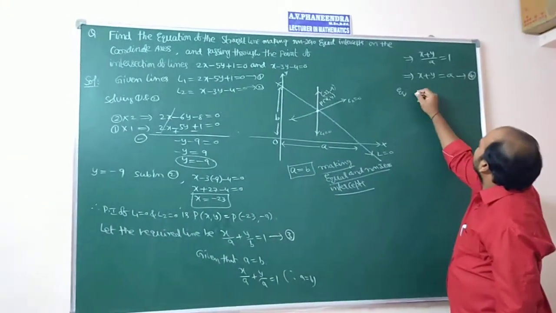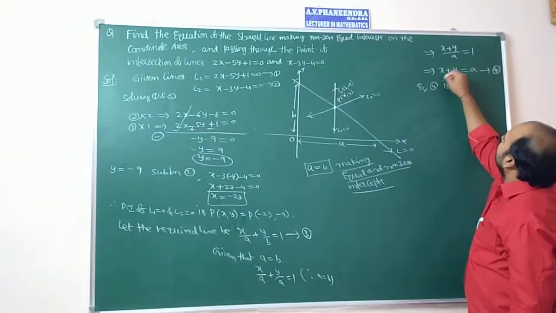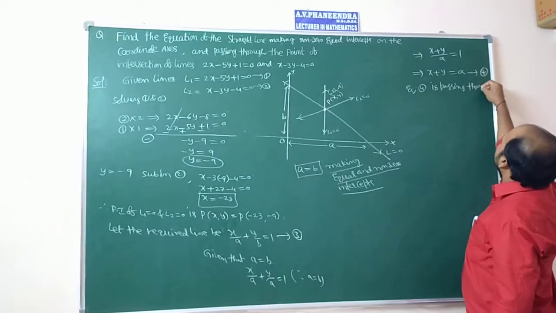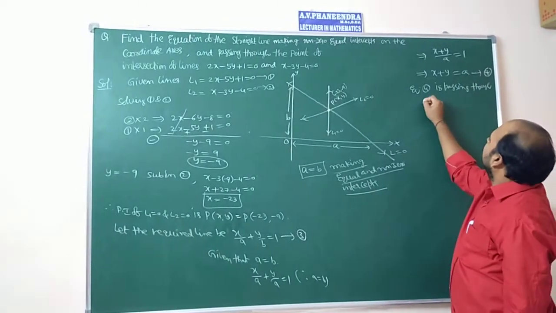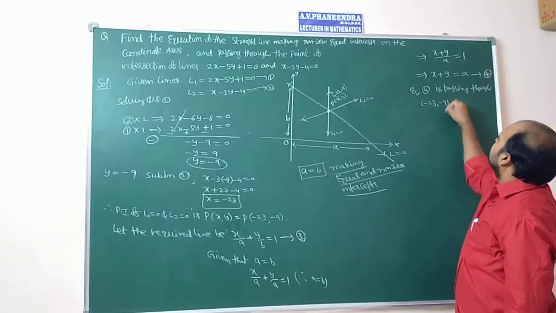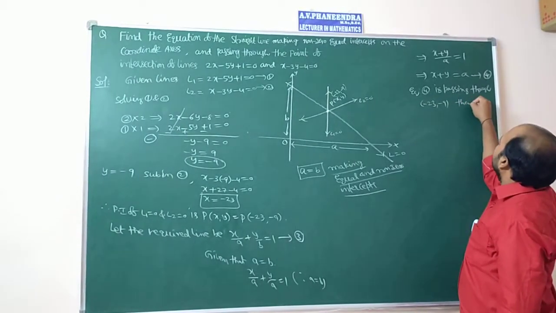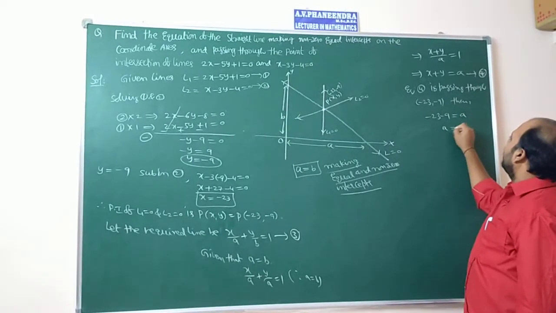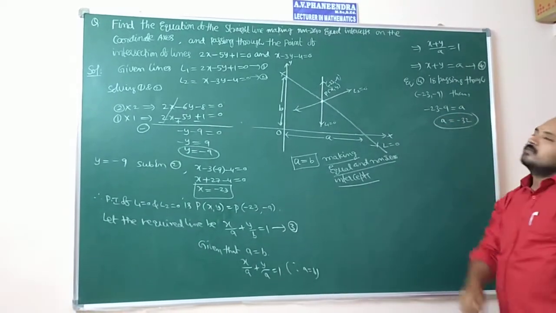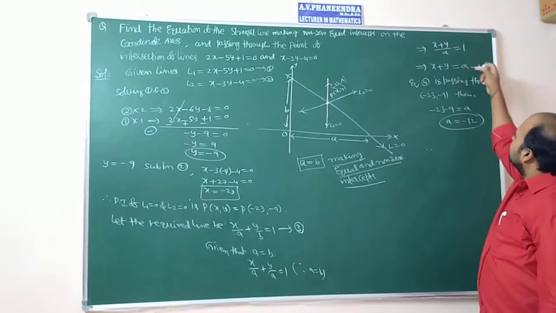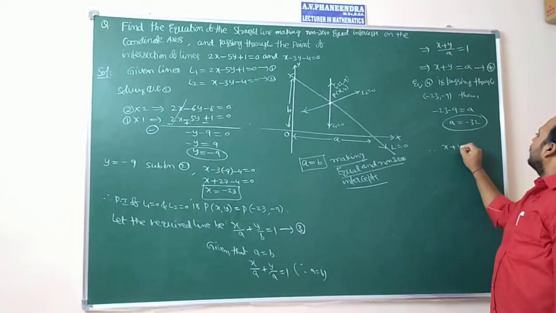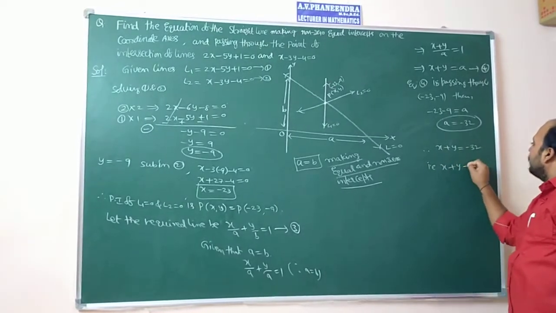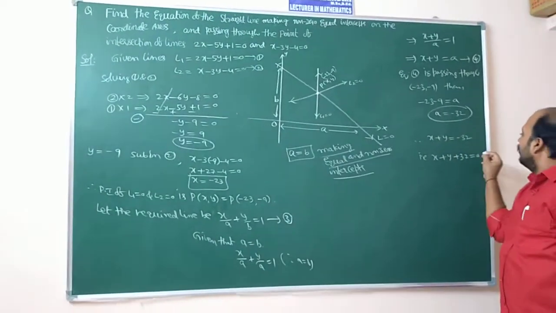Equation 4 is passing through minus 23 comma minus 9, then minus 23 minus 9 equal to a, therefore a equal to minus 32. Substitute here, x plus y equal to minus 32, that is x plus y plus 32 equal to 0.